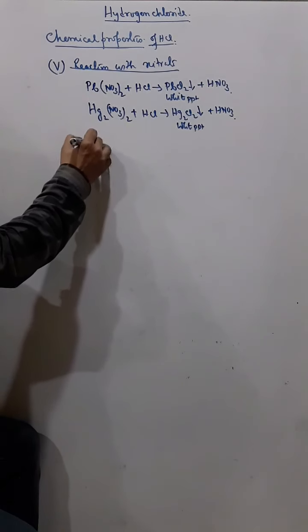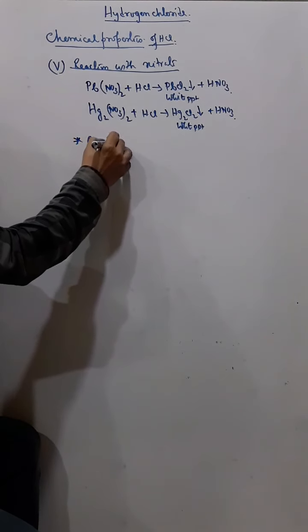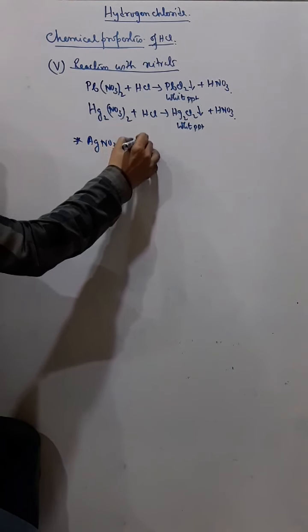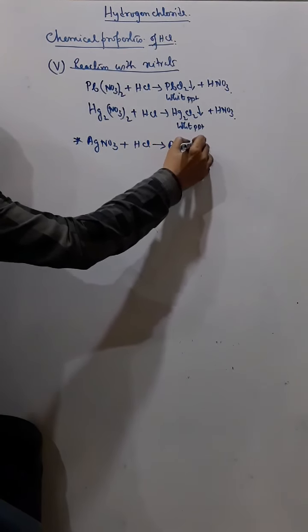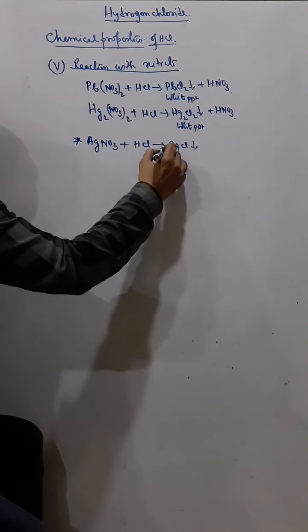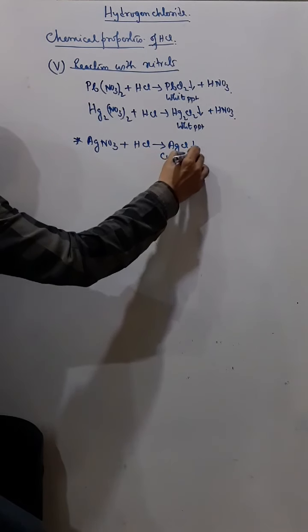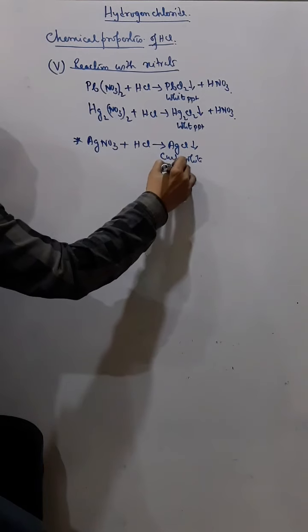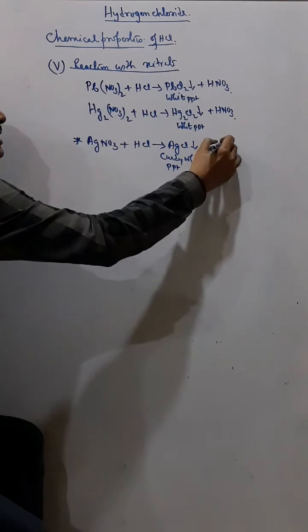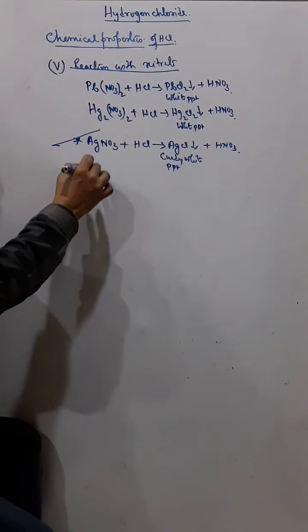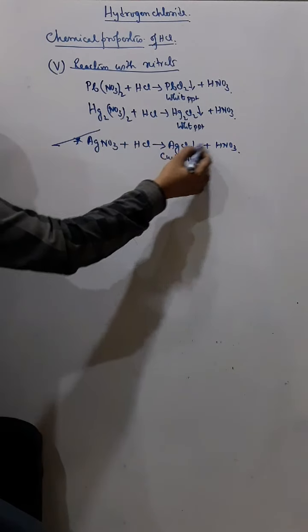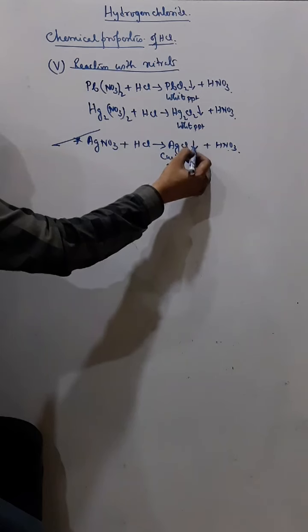So with silver nitrate, you get AgCl, again curdy white precipitate, curdy white PPT, and HNO3.